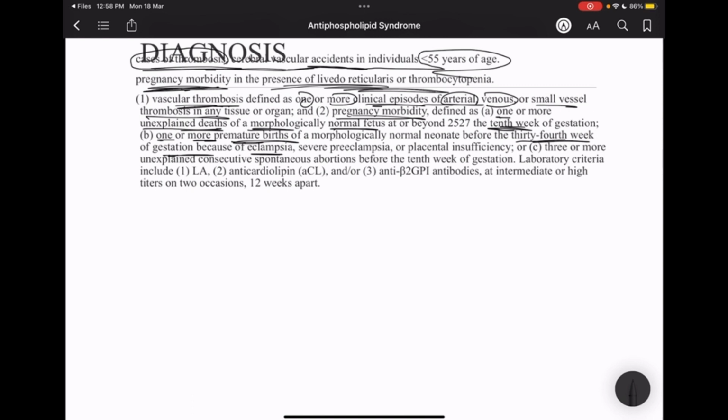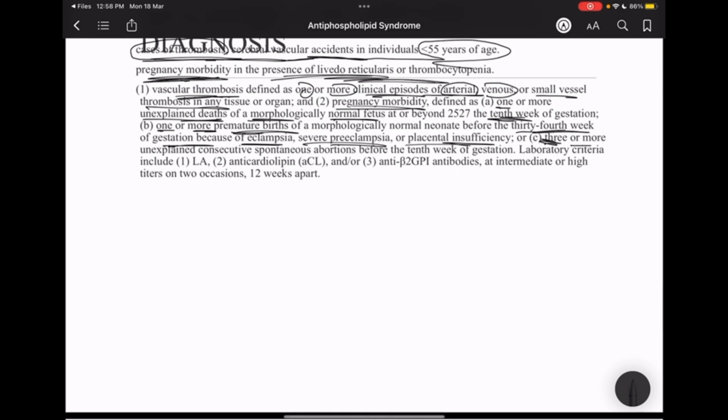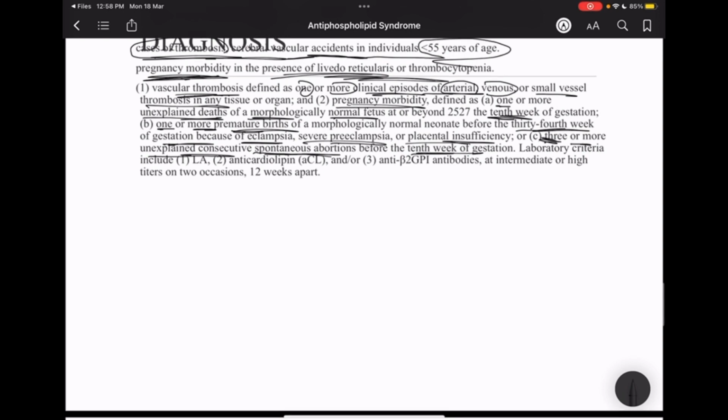It can be because of eclampsia or severe preeclampsia or placental insufficiency, because at the end it depends on the blood supply. The third one is three or more unexplained consecutive spontaneous abortions before the 10th week of gestation. And in laboratory criteria, as I said, anticardiolipin or anti-beta-2 glycoprotein antibodies.